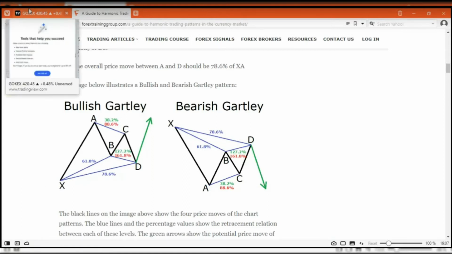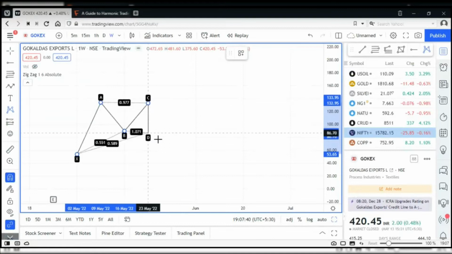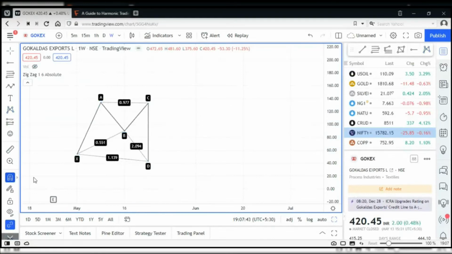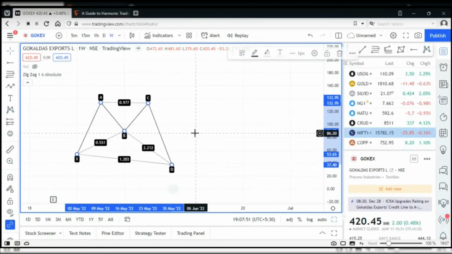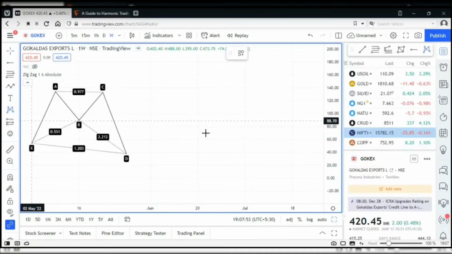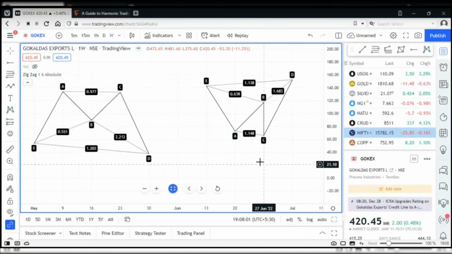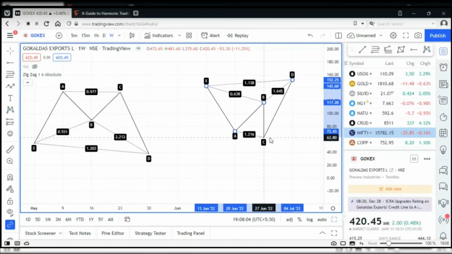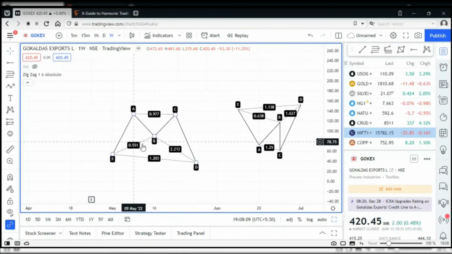If we find any M pattern, that's bullish, and this is bearish.